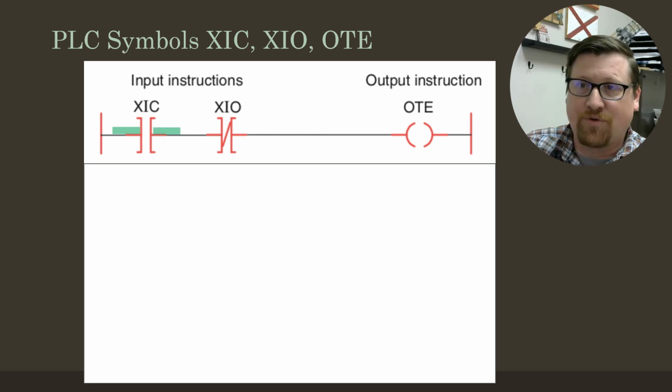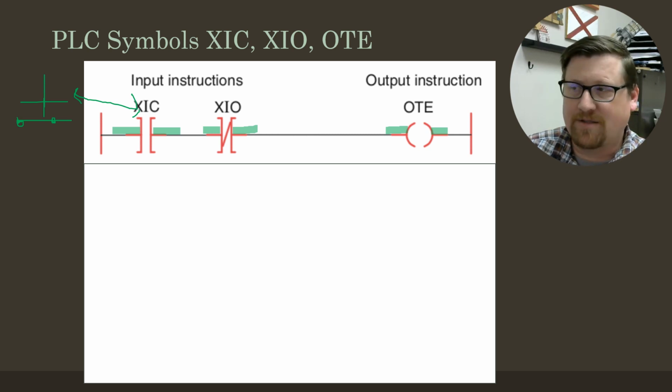So if the switch that is outside of the program, my switch could be out here, is addressed to this examine if closed, and if that switch gets made, then this is true. And if the one that corresponds with this examine if open is true, then my output energized will become true.